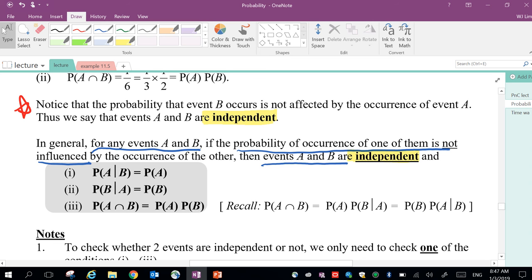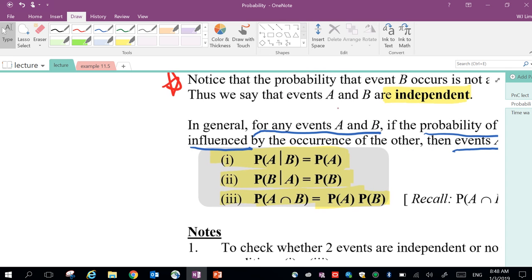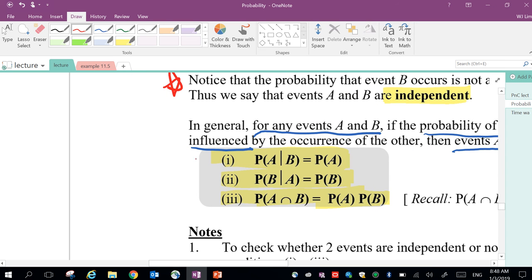There are three conditions. These are the three things to prove independence. You don't have to prove all three. You just pick one.